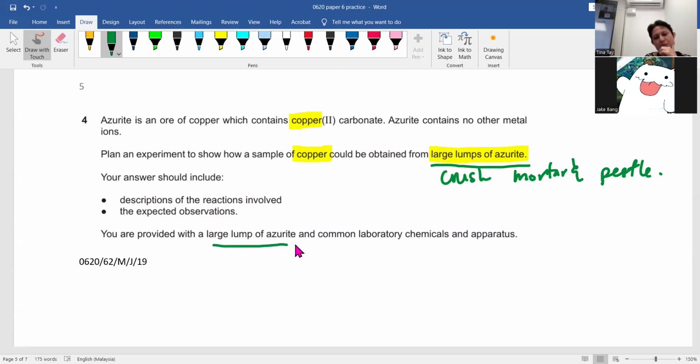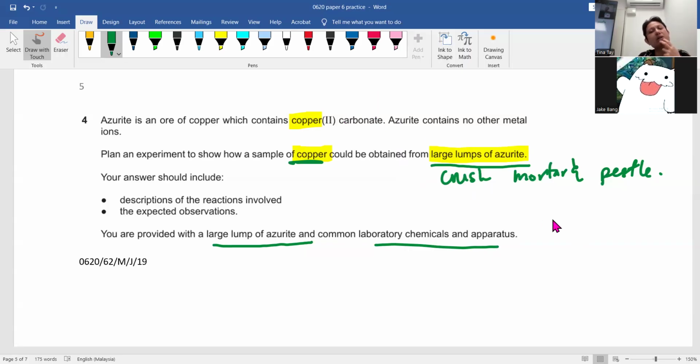Large lump of azurite and common laboratory experiment. How to get a sample of copper. They don't ask you to measure how much copper is inside. They just ask you to get copper out. So if it's copper carbonate, how do I get copper out?